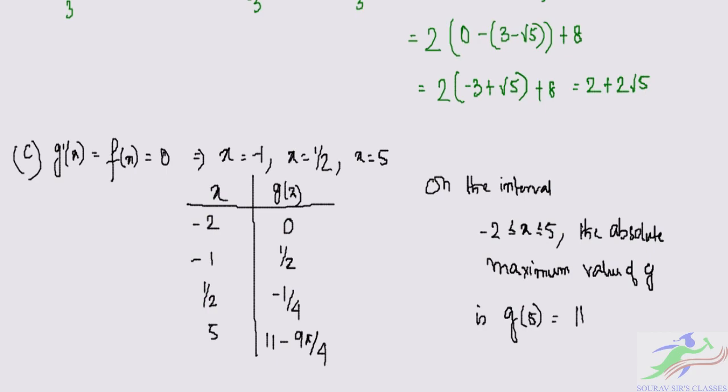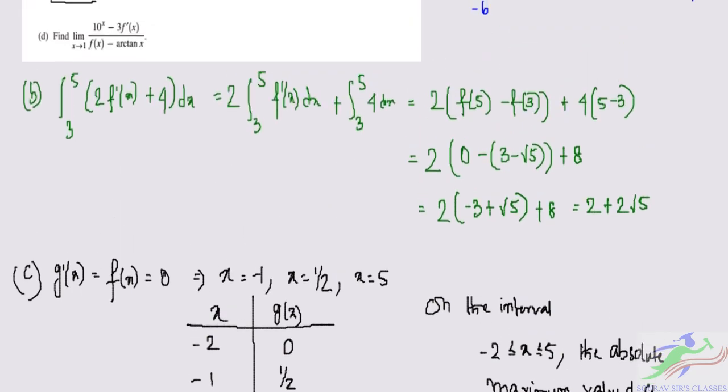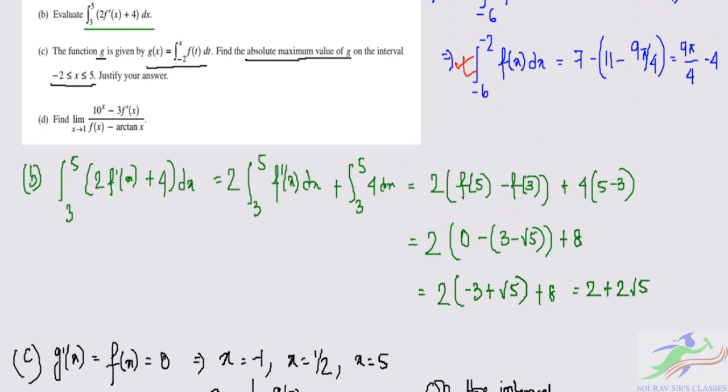So that is 11 minus 9 pi by 4. That is the answer. Okay, so for part C we have the answer, the absolute maximum value of g. We already justified the answer with the table.